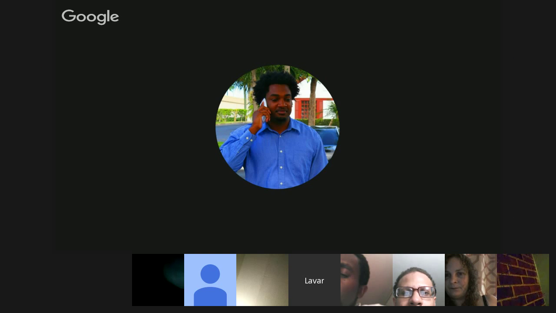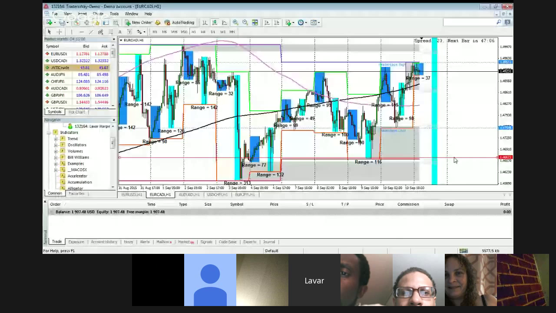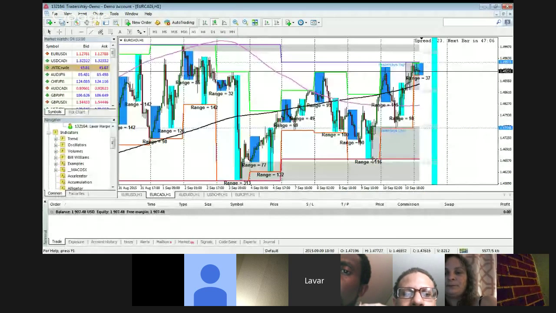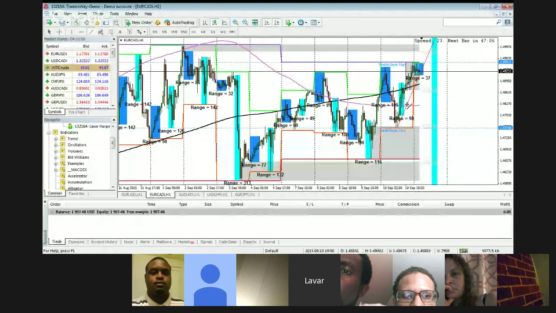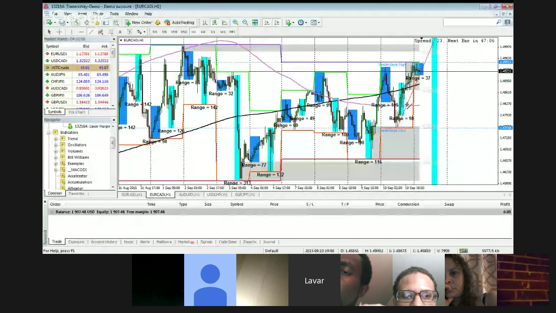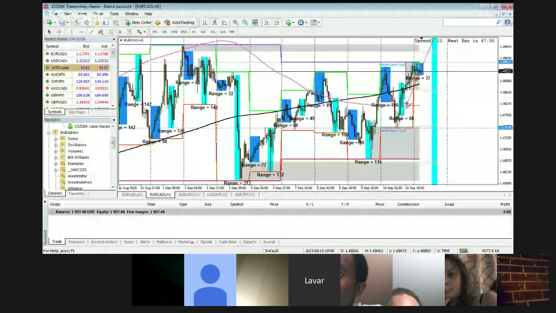I start at the end of the wick from the most relevant low. I use this one. You always want to connect 2 to 3 or more candlesticks. Here we have about 3 candlesticks that'll be connected to this one trend line.